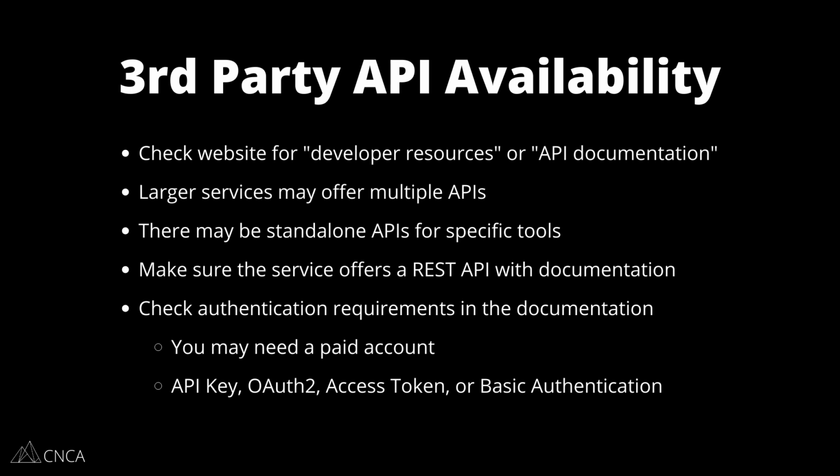API keys, access tokens, OAuth 2, basic authentication, if you're given what's called a client ID or a secret, all of these things are compatible with Bubble's API connector tool, which is the plugin that you'll be using to configure all of your requests.